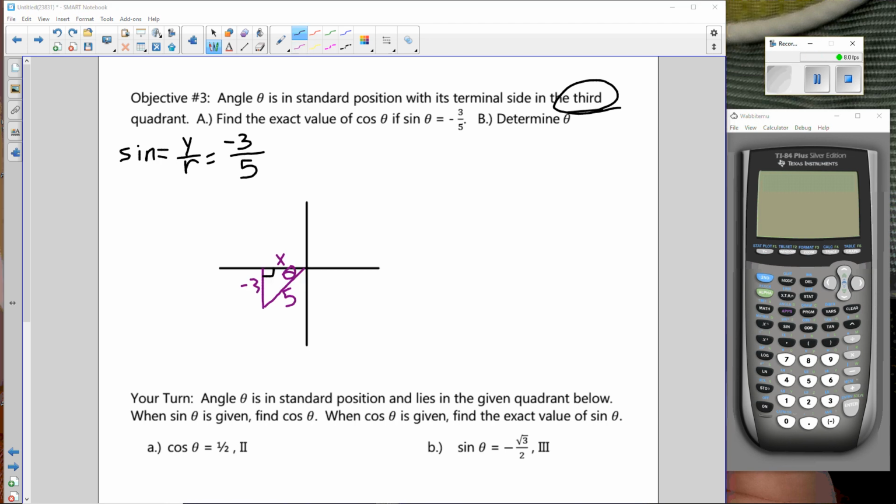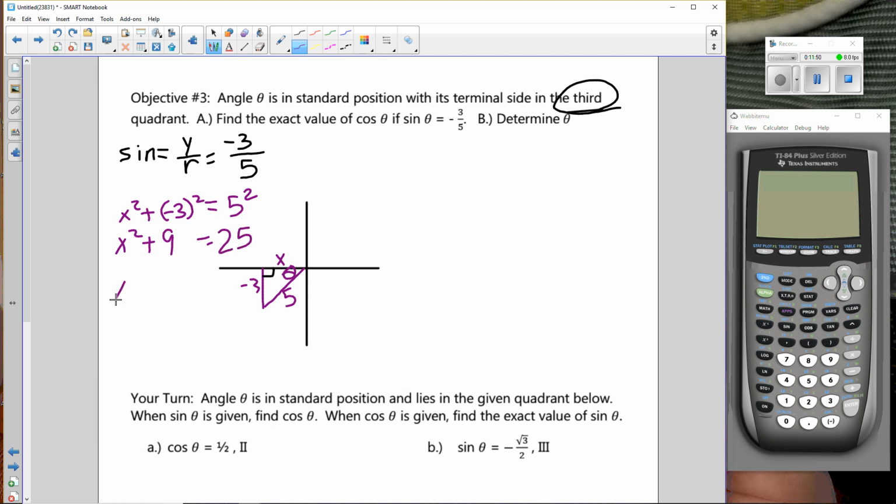I actually drew that triangle wrong. It should be oriented this direction. But now we're working backwards. Pythagorean theorem. Should be comfortable doing this. So the formula is x squared plus y squared, which we know equals r squared, which we also know. And again, this should be one of those triangles you're pretty familiar with.